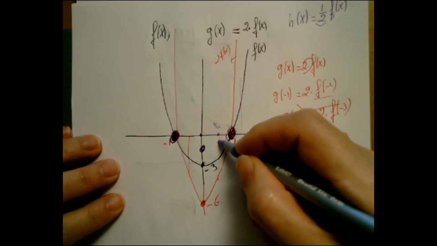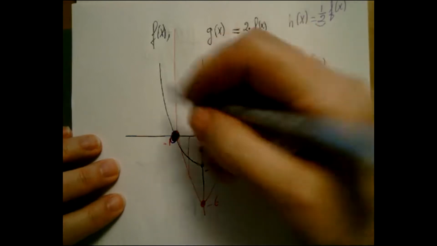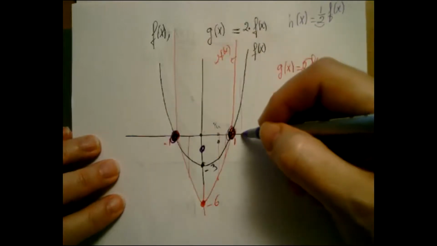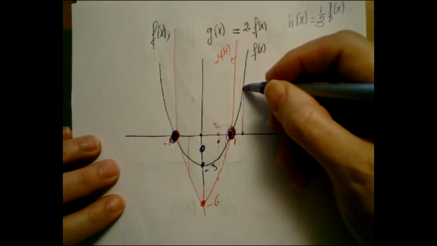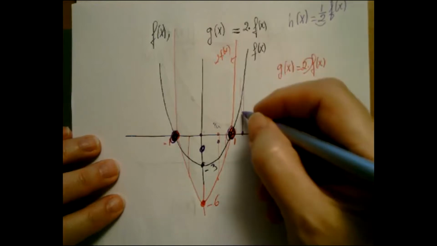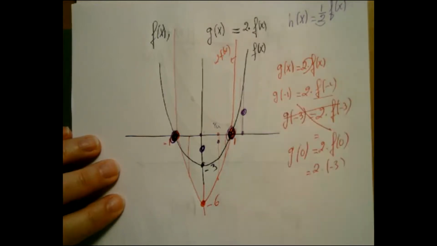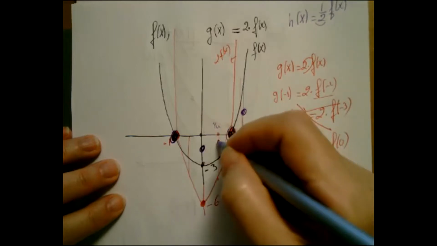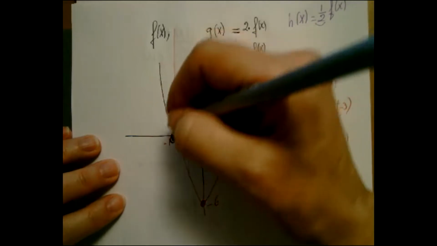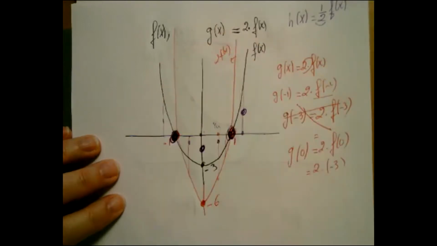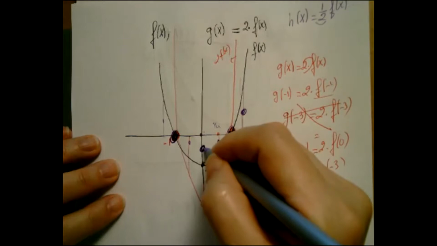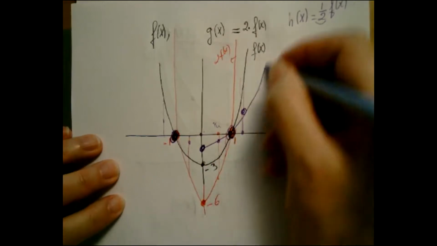So it's basically halving it. Whatever f does here, h is half that amount, right there. So the graph is going to be exactly like this.